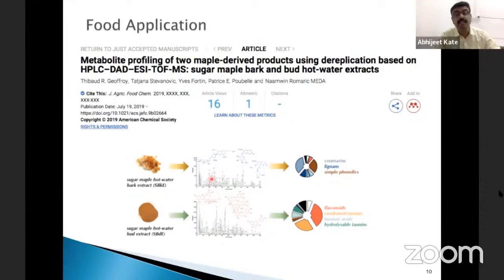This is also one of the applications. The tool is the same. We're trying to find out the molecule. So here they have used this and they wanted to see how many lignans, flavonoids and tannins are there, and they analyzed that accordingly. This was also an important task in food application.